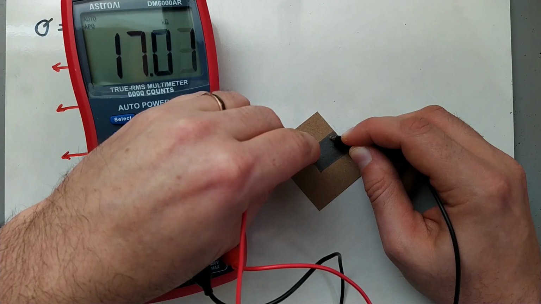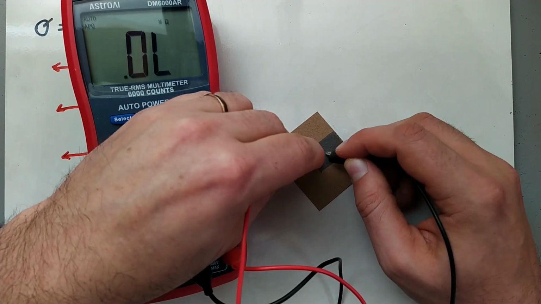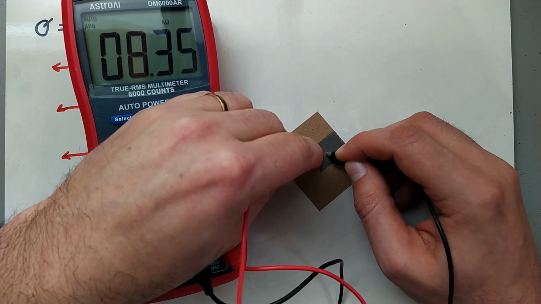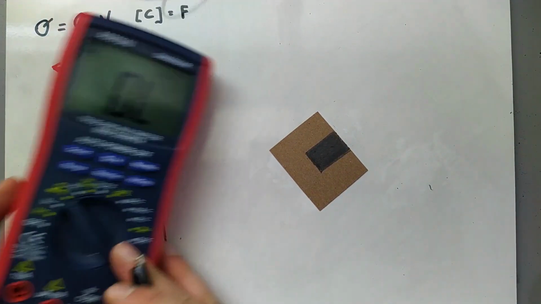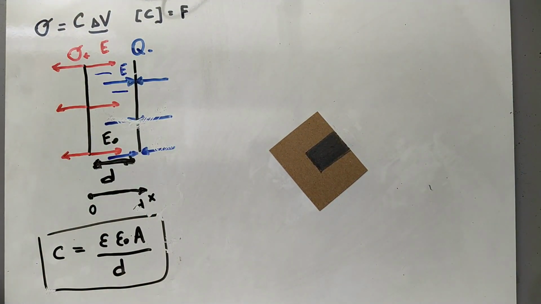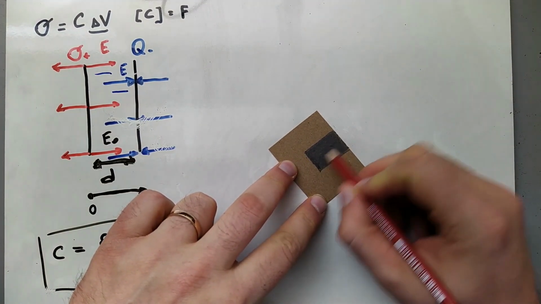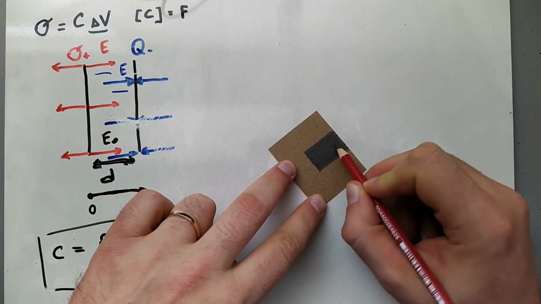So we have 17 kilo ohm. If we place them closer, there will be smaller resistance, 8 kilo ohm. So clear demonstration that this is a conductive film. Obviously it's not very conductive because 8 or 10 kilo ohm is quite high resistance.